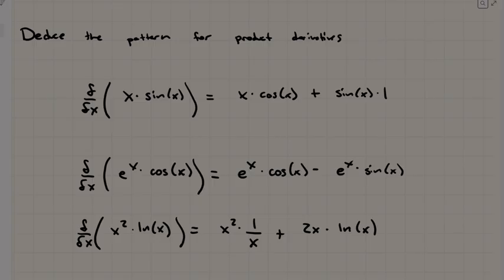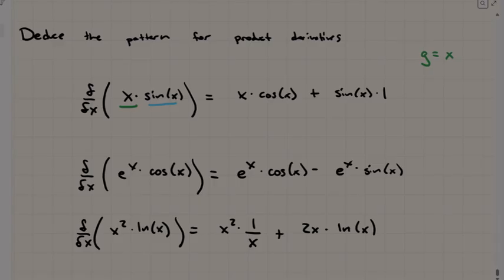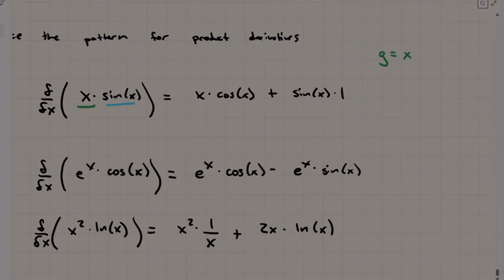Well, how about if we're going to multiply two things together, let's just start by giving them a name. Let's say that g is equal to x, and let's say that h is equal to sine x.